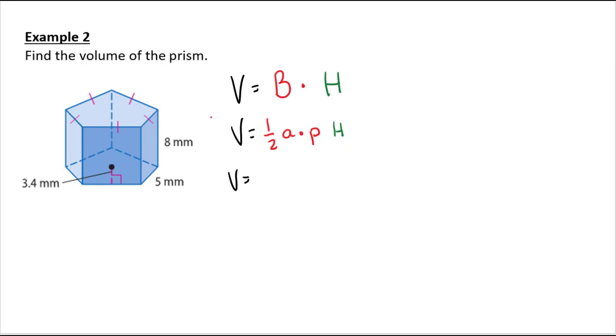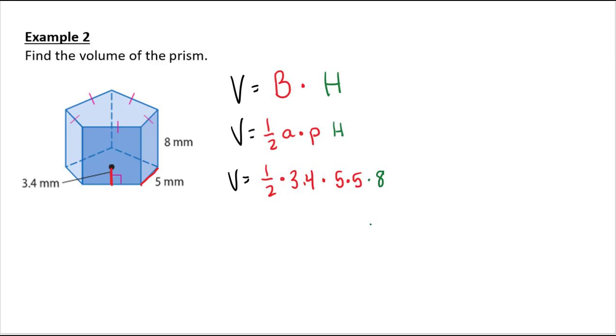Okay, so let's look at that. 1/2, my apothem. The apothem, remember, goes from the center and is perpendicular. Oh, they gave it to me. That's nice of them. 3.4 times by the perimeter. This side is 5, so going all the way around, I have 5 sides that are each 5 units long. Times by my height, which is no longer H. Let's sub in the value.